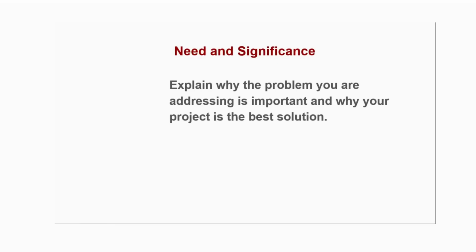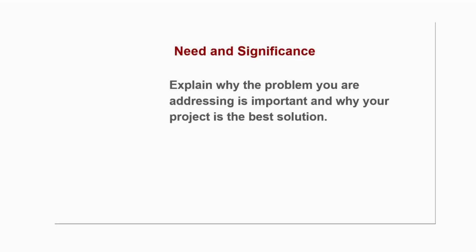Now when you are explaining the need and significance, you are trying to show the funders that indeed your project is worthwhile, that the need is there. For example, once you have explained your problem, you want to show that the project will provide a solution to the problem you have identified.